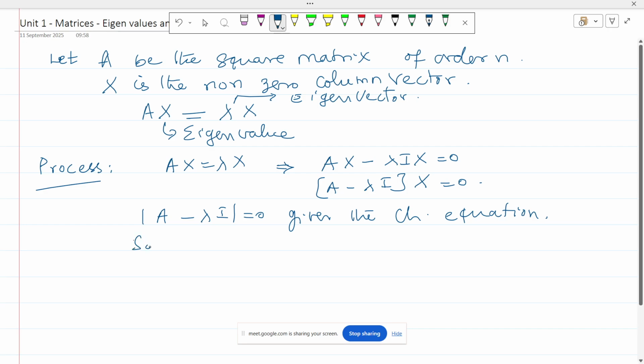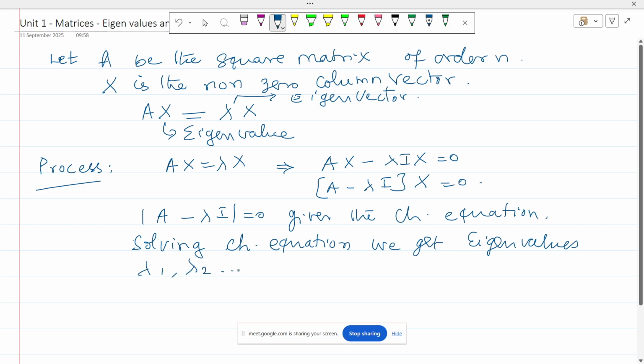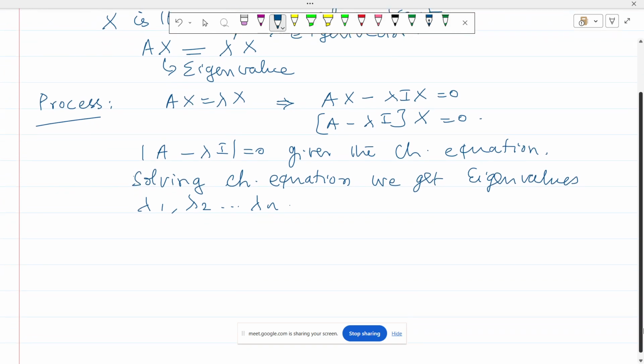Solving the characteristic equation, we get eigenvalues lambda 1, lambda 2, lambda n.